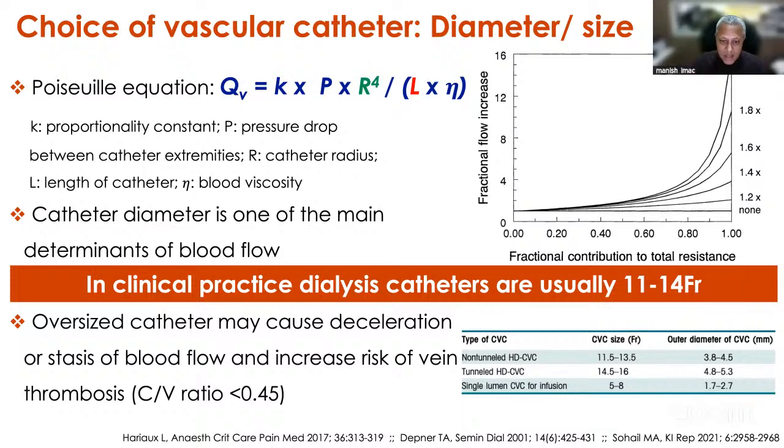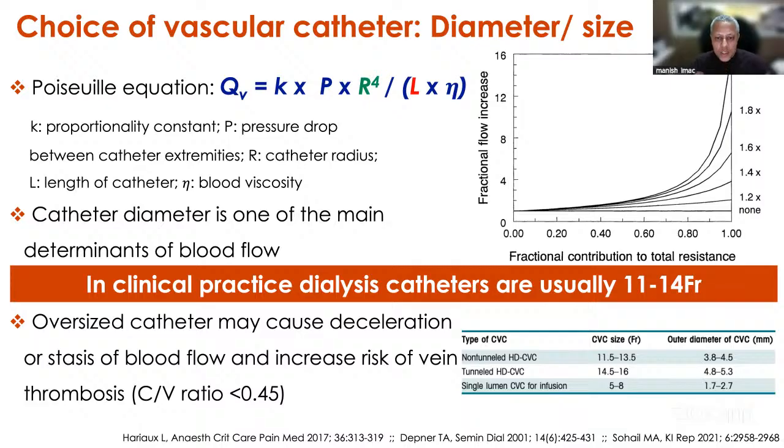Once you place the catheter in the central vein, it occupies a certain area of that vein, and the shaft lying in the central vein also impedes the flow of blood within the central veins. There's some literature to show, especially in cancer patients, that an oversized catheter may cause deceleration or stasis of blood flow and increase the risk of vein thrombosis. So a catheter to vein ratio should generally be maintained at less than 0.45.